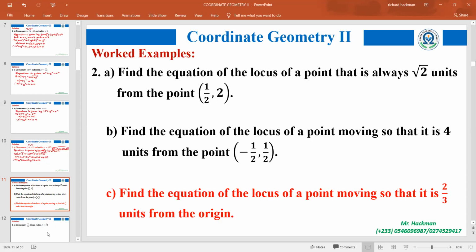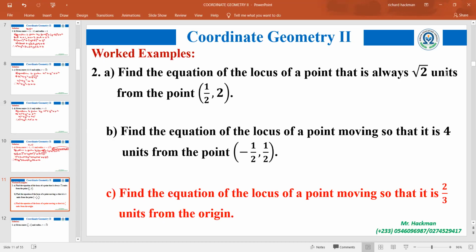Please, the root 2 is representing the radius, and the point is representing the center. Please, do you all agree? Yes, please. Okay, so what we have here is giving you the center, and this is the radius.